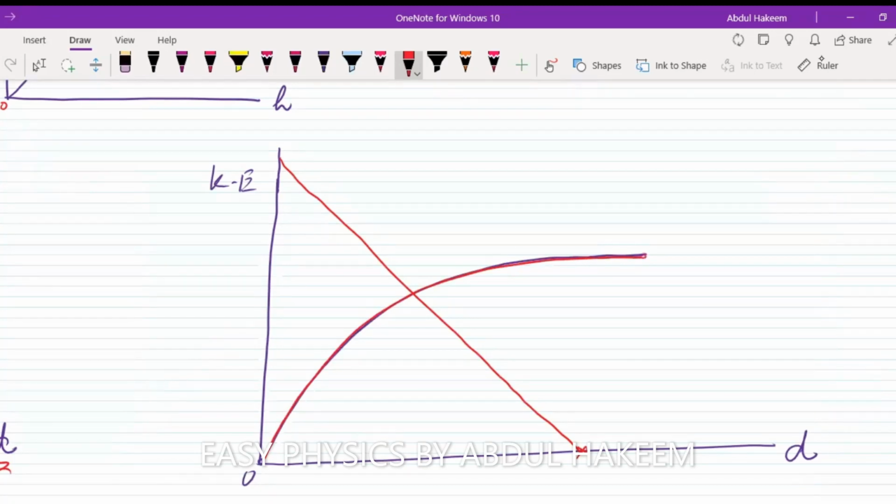The maximum kinetic energy gained is not equal to the maximum potential energy at the height. This is the potential energy. So the potential energy will be greater than the kinetic energy achieved on hitting the ground. Reason: some of the energy is lost in overcoming air resistance. So this is the graph in air. This is for the kinetic energy, and this is for the potential energy.